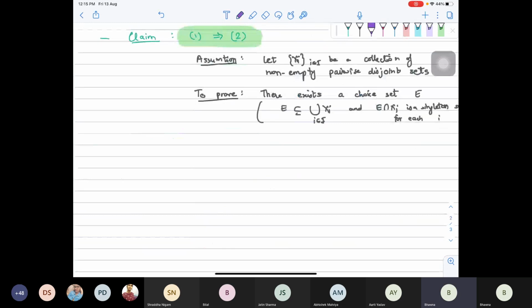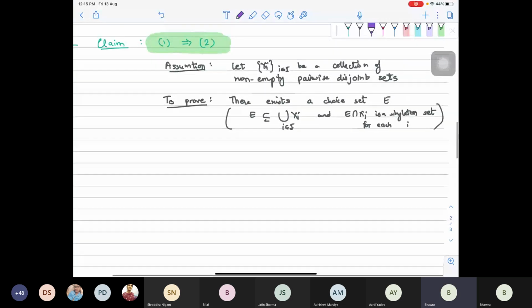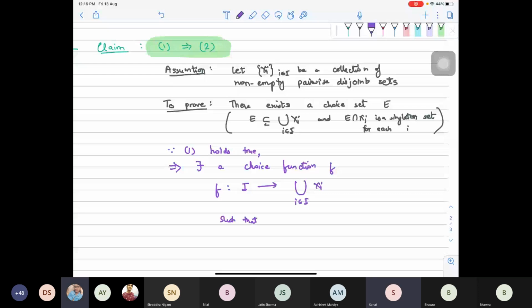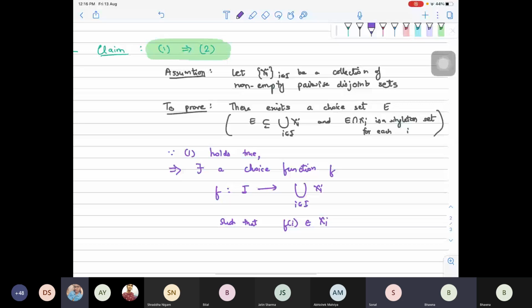So since 1 holds true, this implies there exists a choice function f from I to the union of Xi such that f(i) belongs to Xi for all i, right?